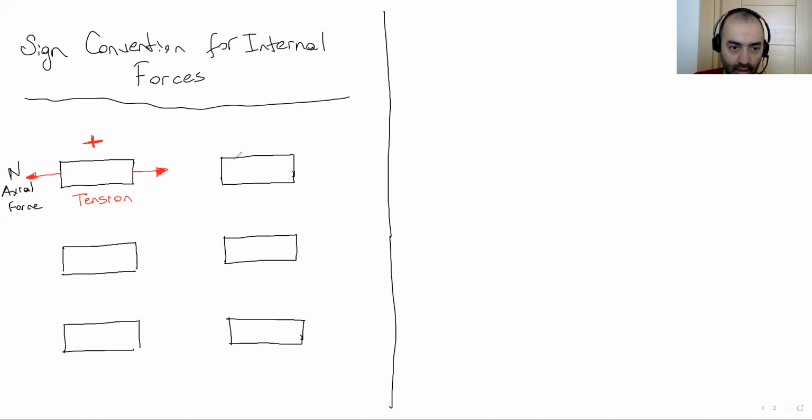Let's take a look at the opposite of this one. If the force squeezes my structural member, goes into the structural member, it's a compression load. It has a minus sign.